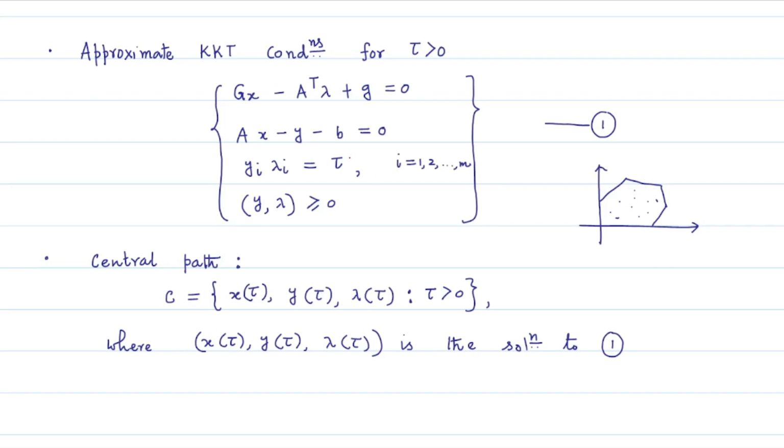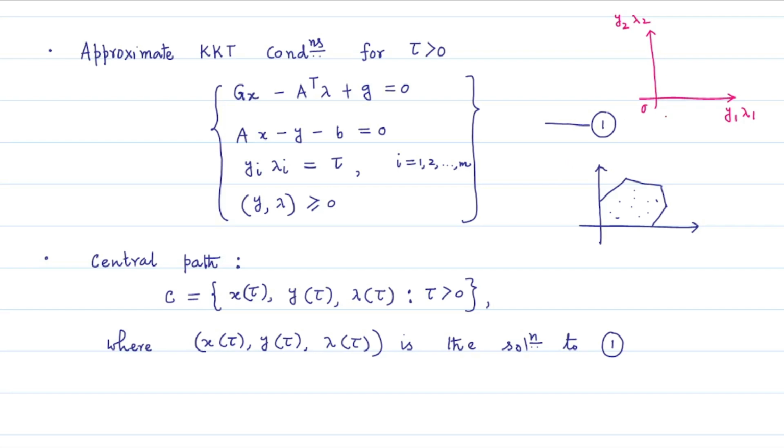We notice that these approximate complementary slackness conditions geometrically give us a line in the y lambda space. Let's suppose this is your axis of y1 lambda 1, and this is your axis of y2 lambda 2. Then these equations say y1 lambda 1 is equal to tau, is equal to y2 lambda 2, is equal to y3 lambda 3, and so on till ym lambda m.